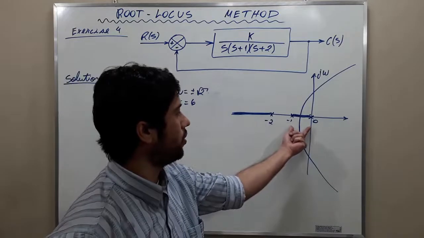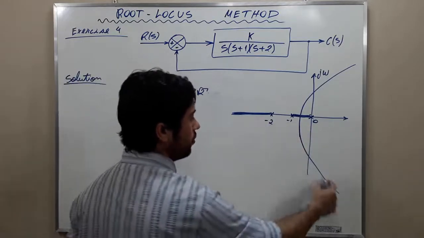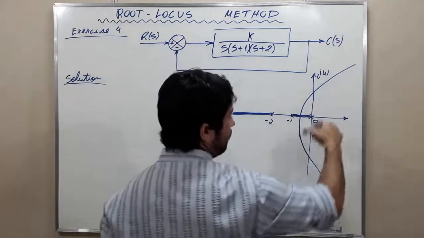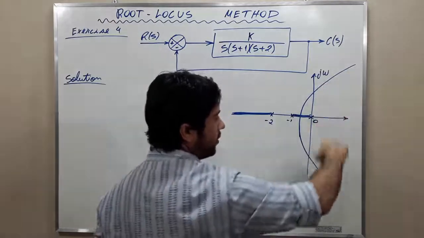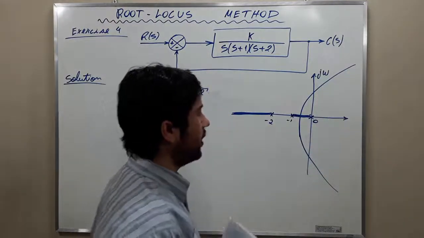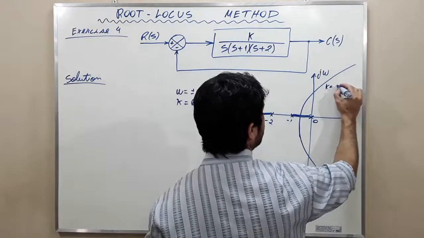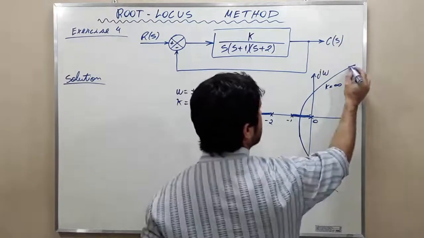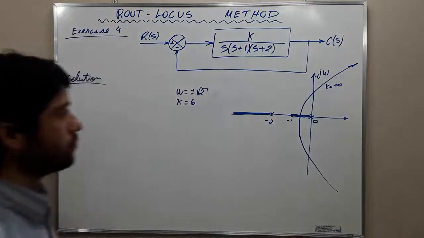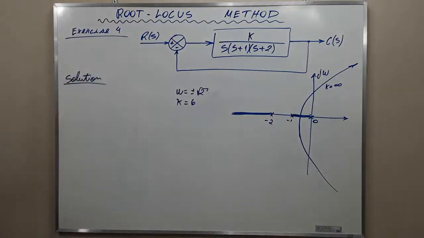We have root locus here, and we have root locus in this part here. Okay? And if we increase the gain, K equal to infinity, the graph goes to that direction.